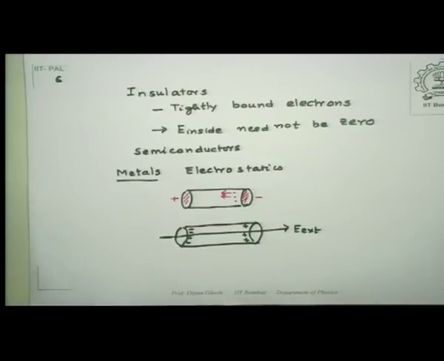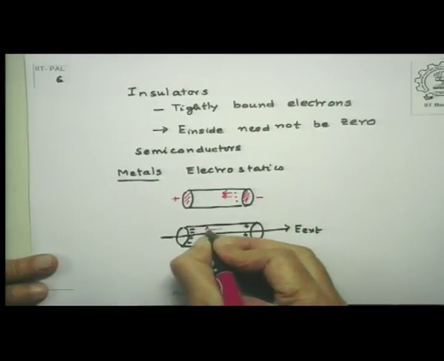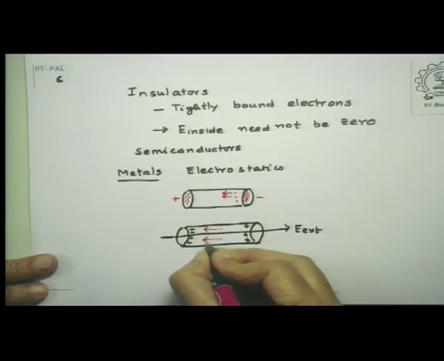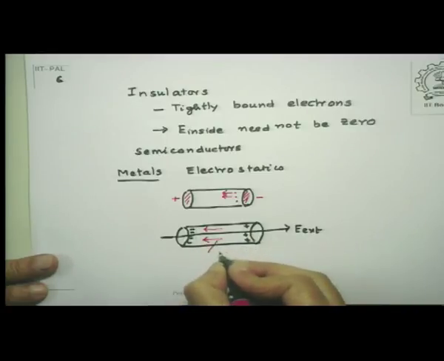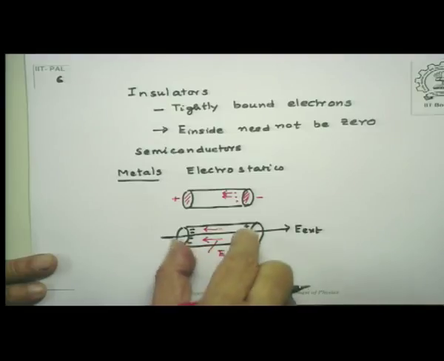The result of this is to create an effective field inside the material. Let us call it E in, and this will go on till the field inside, which was E external to begin with, has been exactly cancelled and there is no longer any field there.